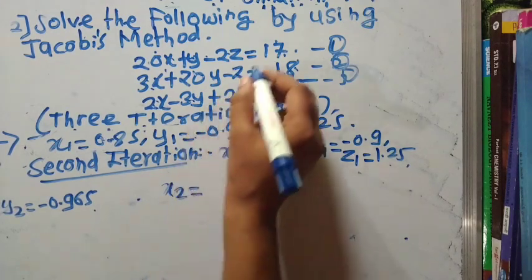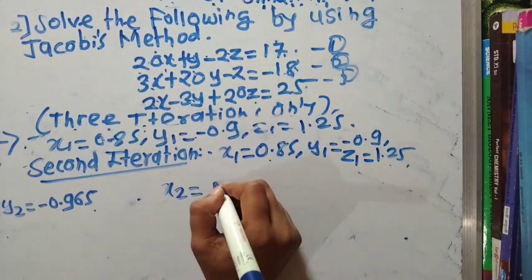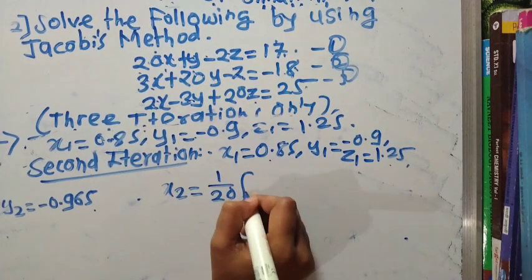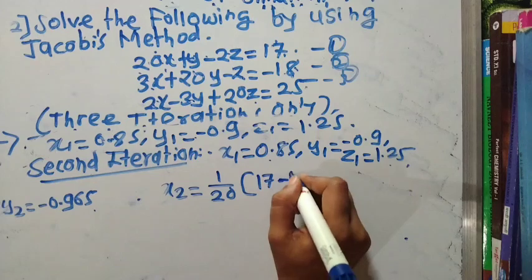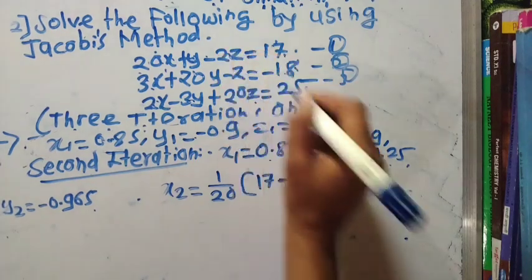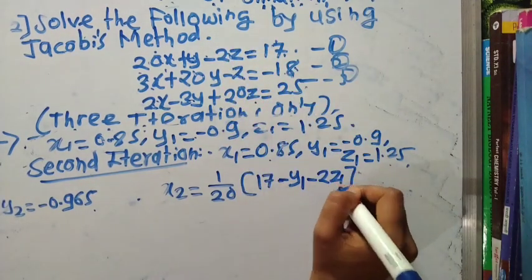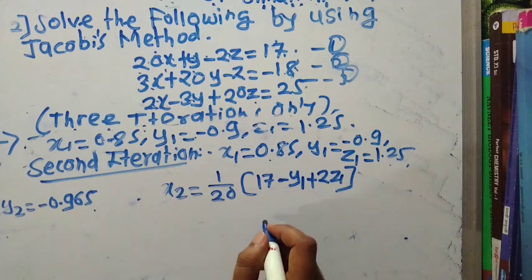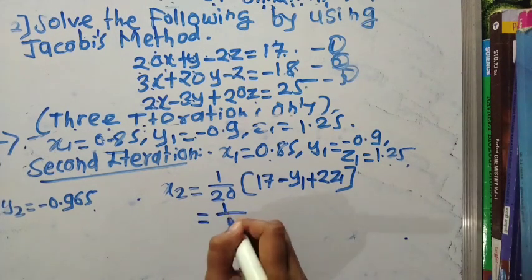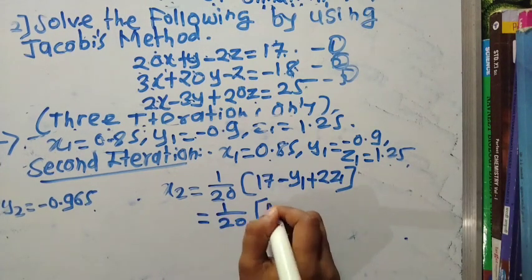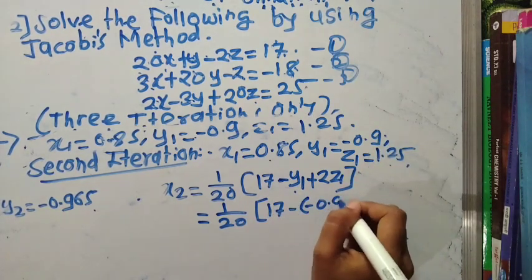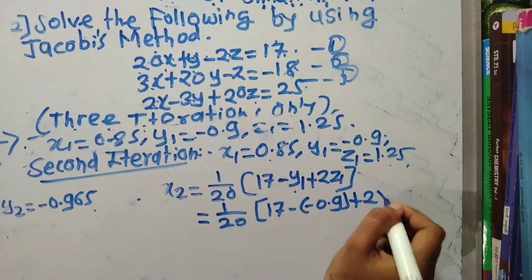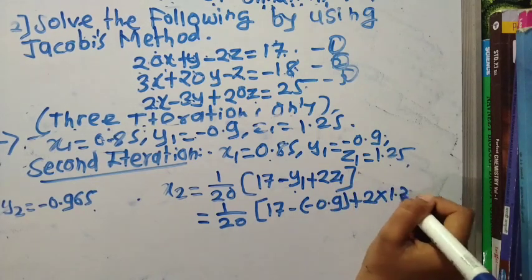So x2 is equal to 1 divided by 20, 70 minus y1 plus 2z1, which is equal to 1 divided by 20, 70 minus y1 plus 2 into z1, which is 1.25.